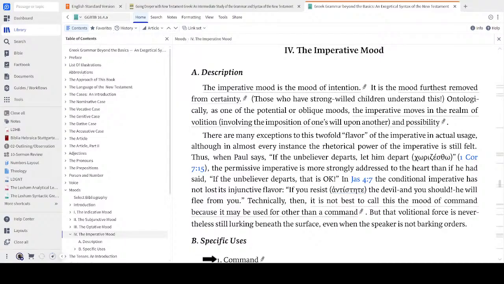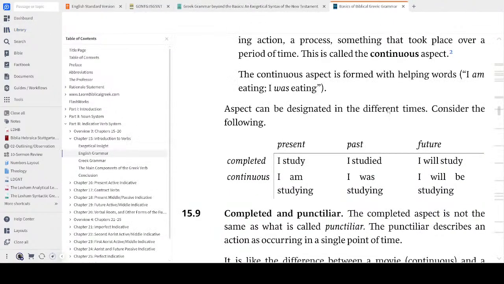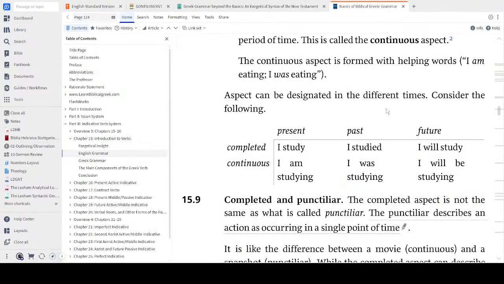When I talk about Mounce, I'm talking about Bill Mounce. His grammar is for first-year Greek students, so he's not going to get into the nitty-gritty details. His book is designed so that you can get started in Greek. I love his book because he makes it simple.